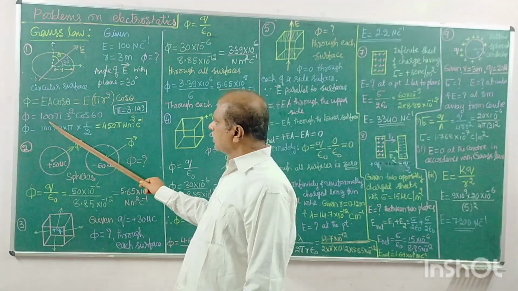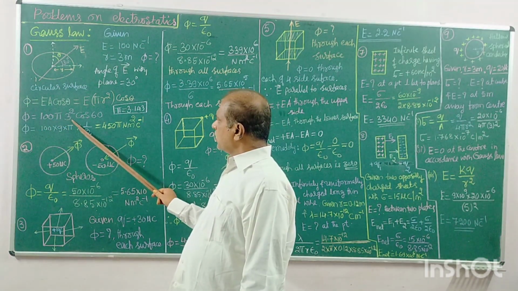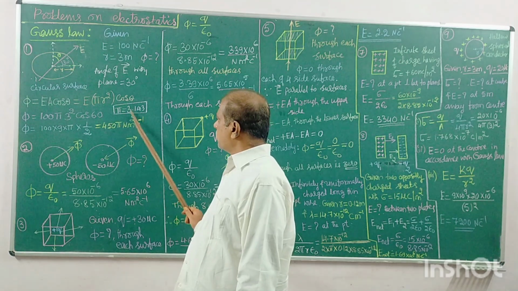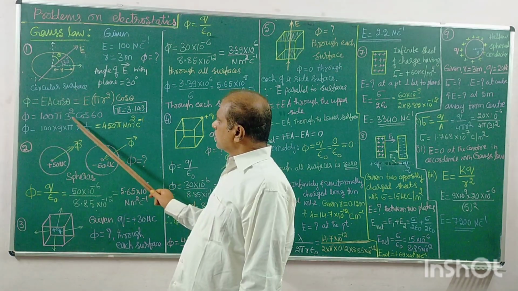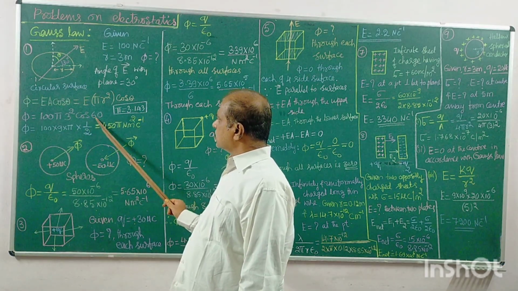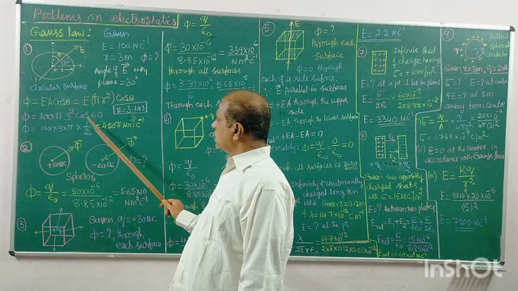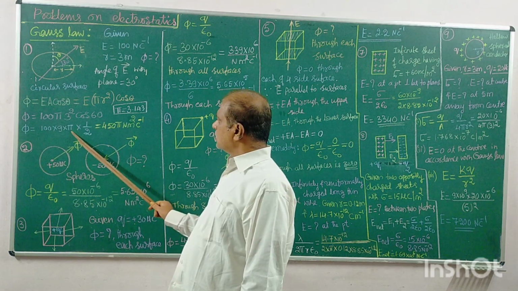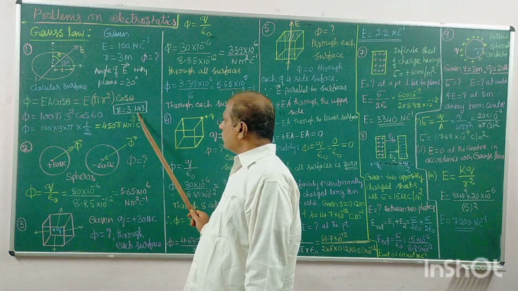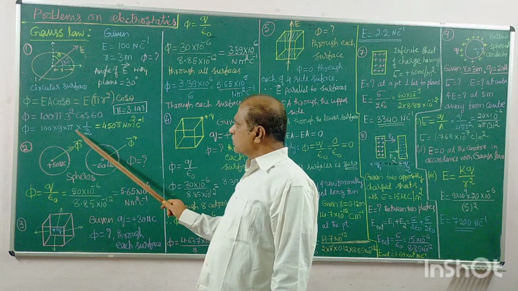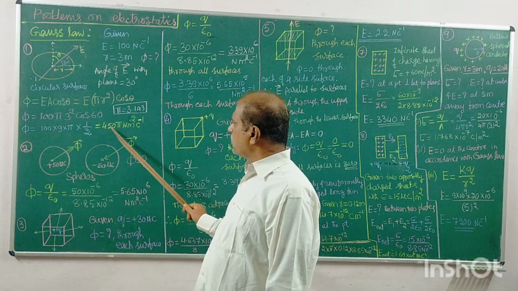That is 100, E, into pi r square. The value of pi is 3.143, into 3 square, into cos 60. Cos 60 is 1 by 2. Substitute and simplify, we get about 450.